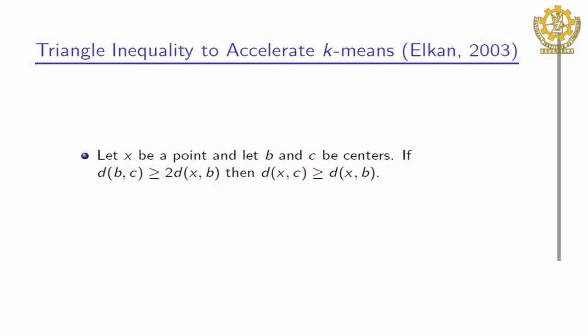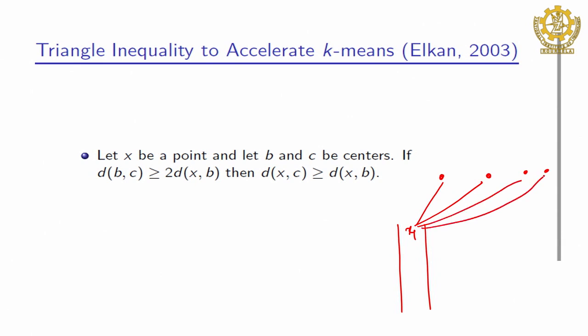So if we move back to k-means clustering, what we found is that we initially choose some set of initial k points, and then for all the points we compute the distance from x1 to this centroid, this centroid, this centroid and this centroid, and wherever the distance is minimum we assign the point to the closest cluster.